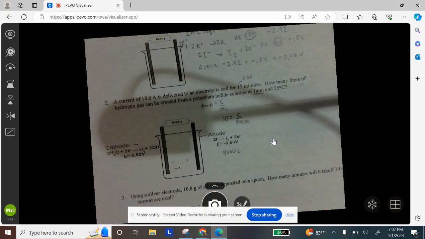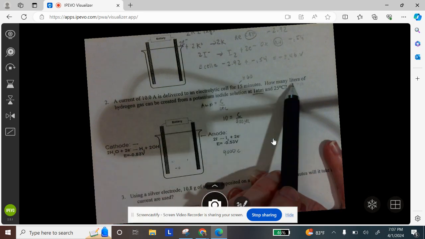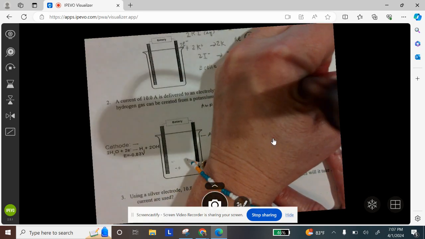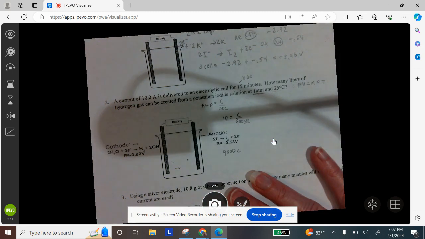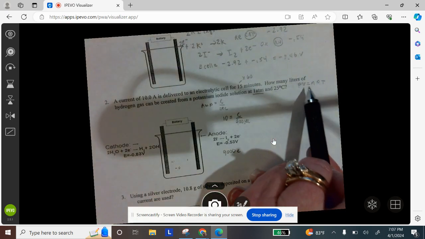All right, now it's asking me about liters, so I need to be able to get to moles. And I know if I have volume, pressure, and temperature, I'm probably going to be using the ideal gas law at some point here towards the end. But to get to the ideal gas law, I have pressure. We're asking for volume.